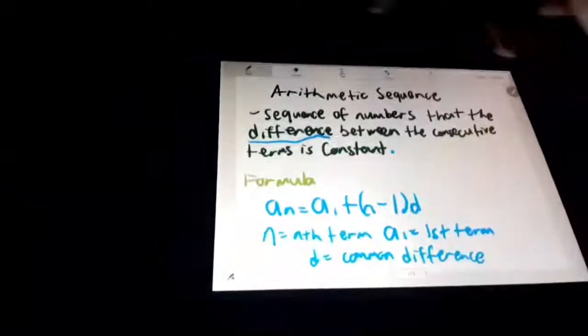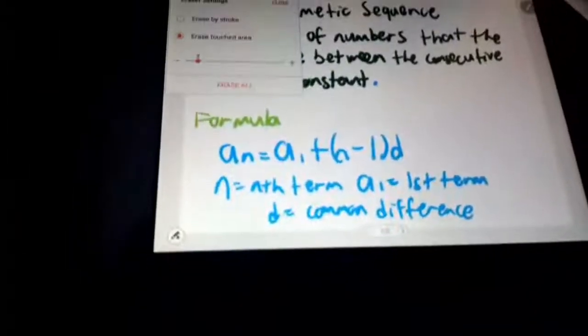Okay, so magsimula tayo. So bibigay kita ng unang example.